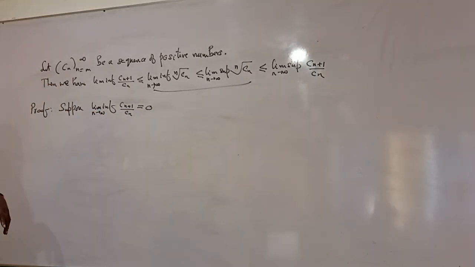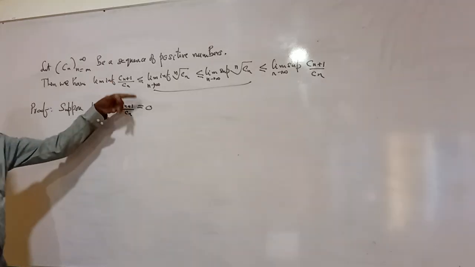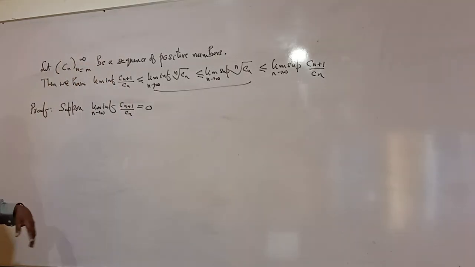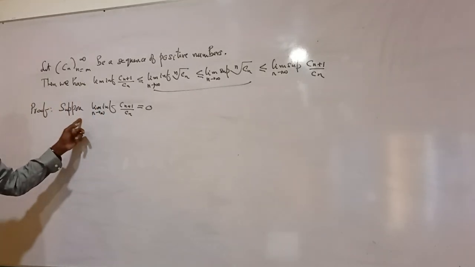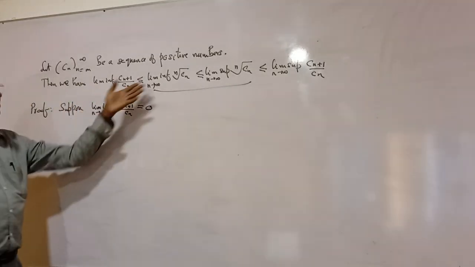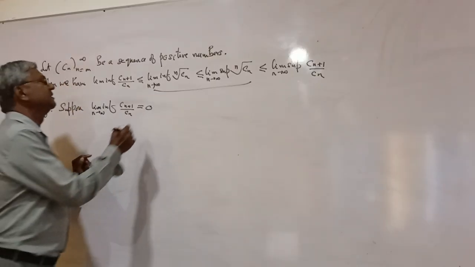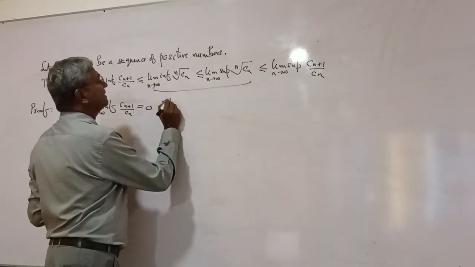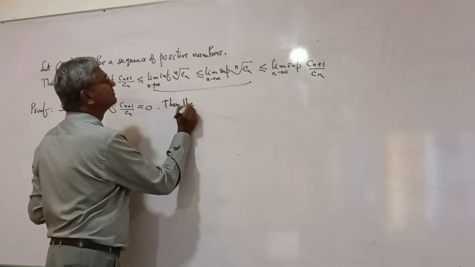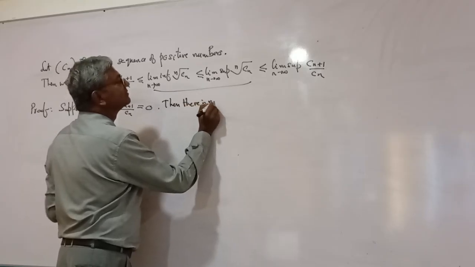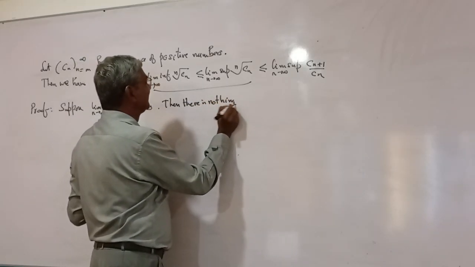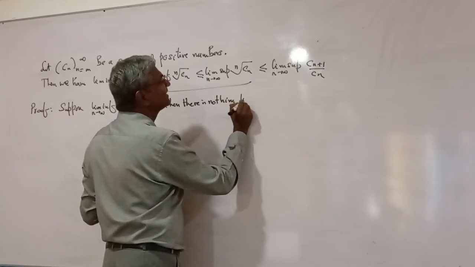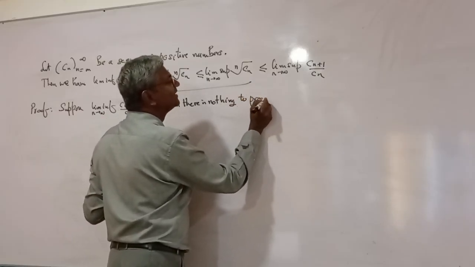Cn plus 1 and Cn are positive numbers, so it will never be negative. So if this is 0, obviously there is nothing to do.